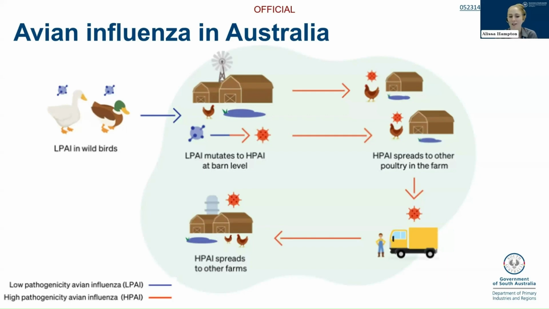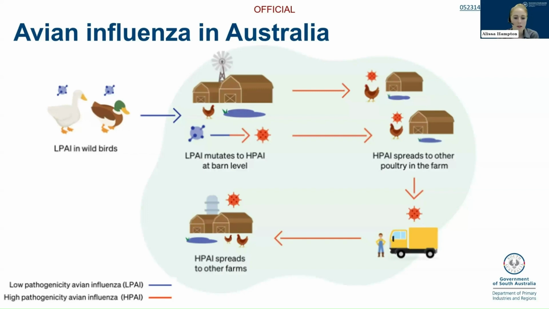This is more likely in your larger flocks, so those that are long-lived, your breeders and your egg layers. The birds will then start to show signs, become sick, and rapidly spread this high pathogenicity form to the other birds in the flock. This can then spread to other flocks or farms by movement of birds, eggs, humans, food, water, equipment, and vehicles.